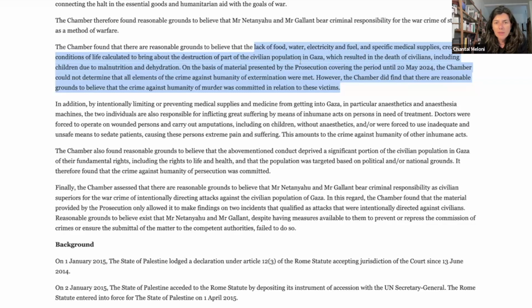On the basis of material presented by the prosecutor covering the period until 20 May 2024, the chamber could not determine that all elements of the crime against humanity of extermination were met. Okay, this is about extermination.